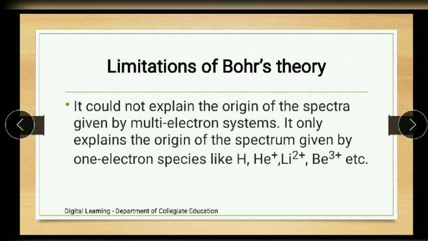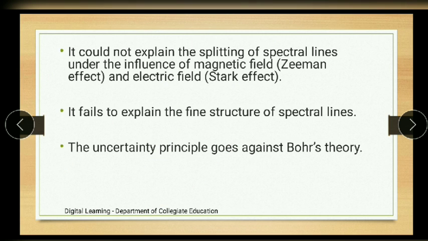It only explains the origin of the spectrum given by one-electron species like the hydrogen atom, singly ionized helium, doubly ionized lithium, triply ionized beryllium, etc. The next one: it could not explain the Zeeman effect and Stark effect.